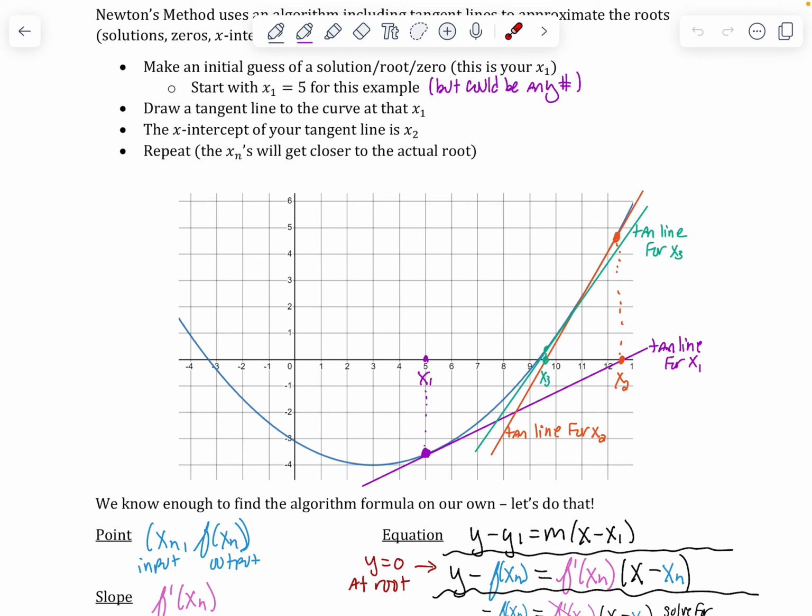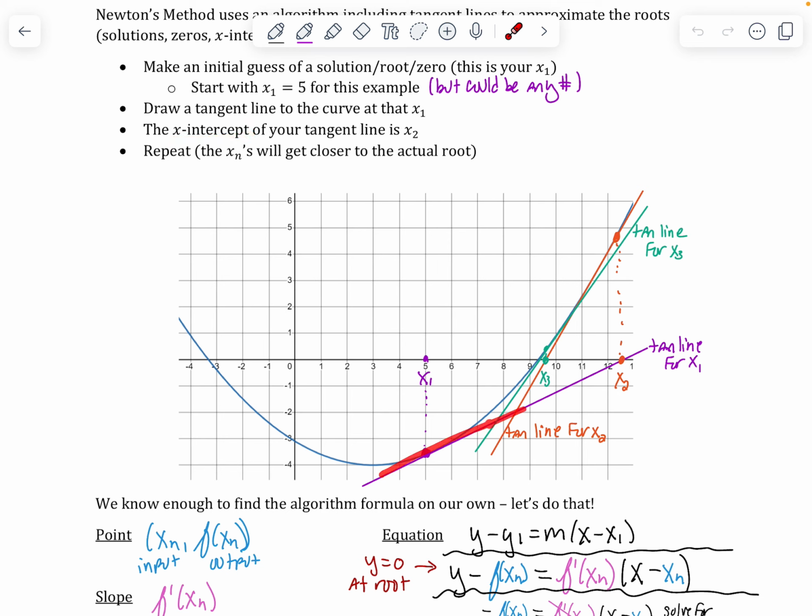As soon as you pick some x1 value, you want to find the output. The output is going to be on the graph, so I went down to my graph and made this point. Now I want the tangent line at that point. If x1 is my purple value, I drew a purple tangent line to my graph. You want to draw your tangent line such that it goes through the x-axis.